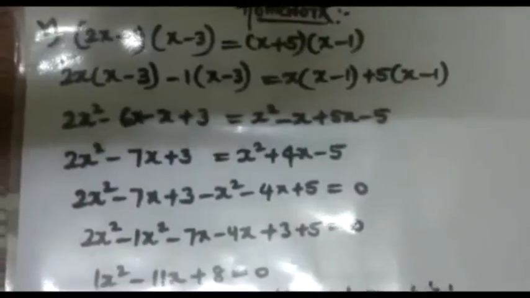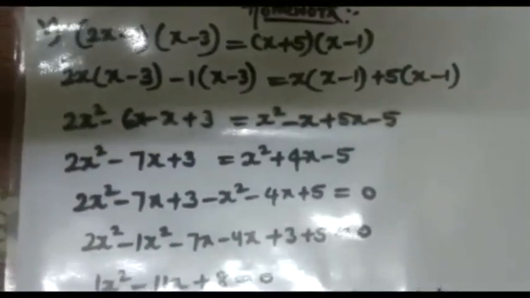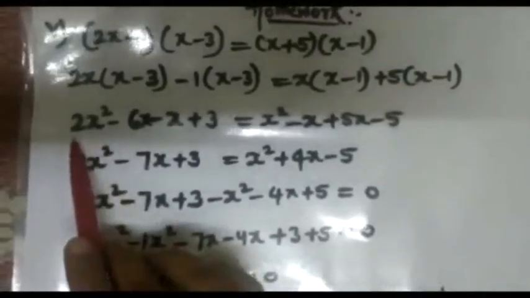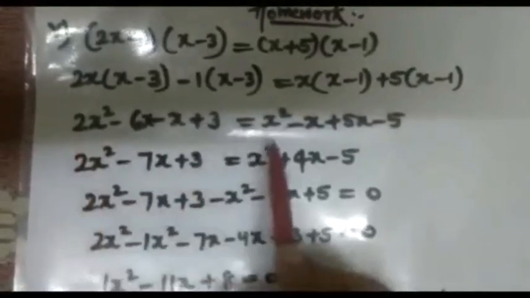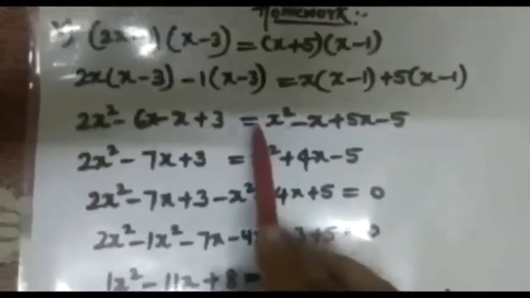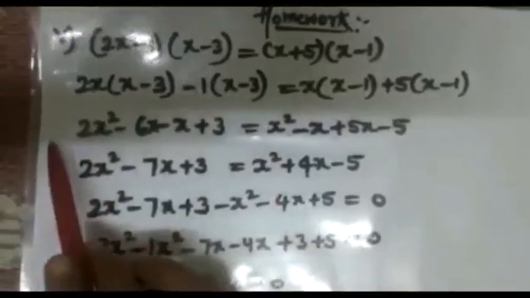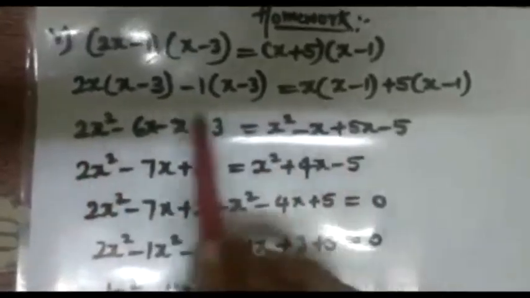Here you can see the coefficient of x square is 2. We should try our level best to keep x square as positive, as it helps you in calculation. Here 2 is the coefficient, and on the other side there is no coefficient, which means it's 1. Whoever is bigger, you have to keep it there only, and bring the smaller numbers there so that you will get a positive x square.